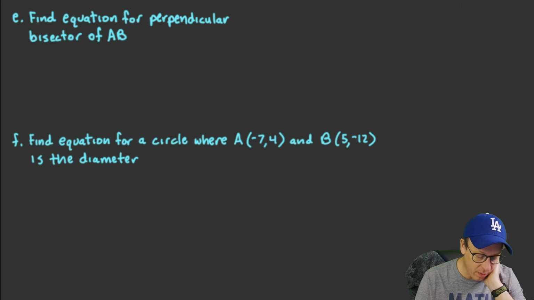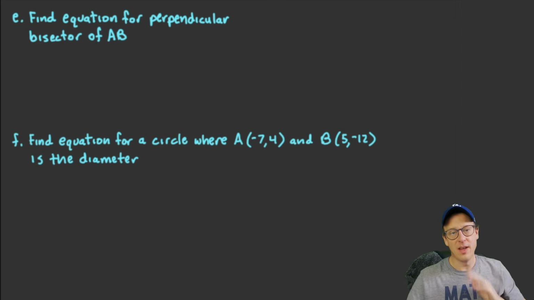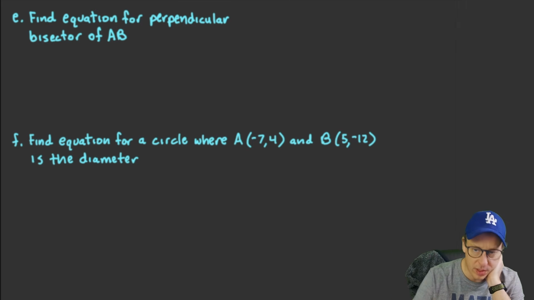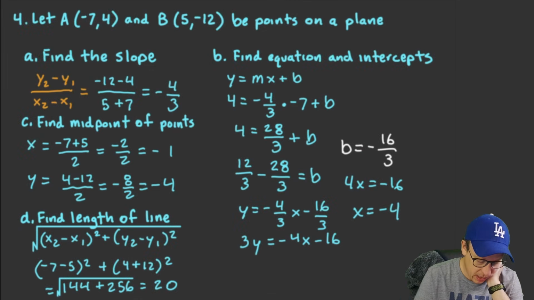Find the equation for the perpendicular bisector of AB. Well, the perpendicular bisector is a line that cuts through another line halfway through at a 90-degree angle. Well, we know from previous that the midpoint for our line is this guy right here.